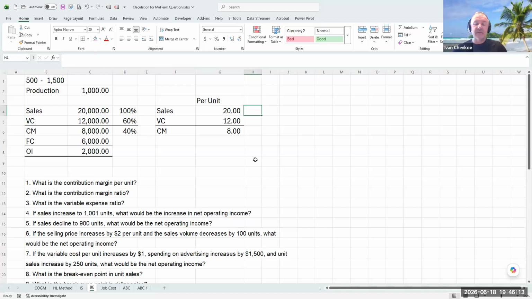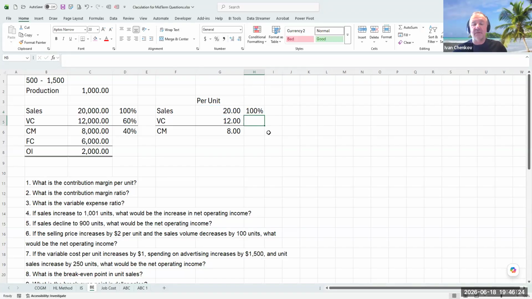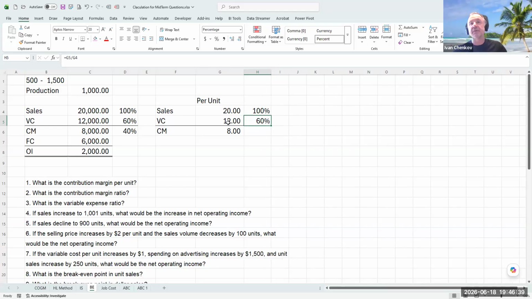But now I have this information, which can help me a lot. What else can I express? I can get the percentages. Sales divided by sales is 1, that will be 100%. And then expressing everything as a percentage of sales, surprisingly, nothing is going to change. Variable cost percentage is always going to be 60%. The only way I can change that is if I change the cost structure, either the sales price or the variable cost.